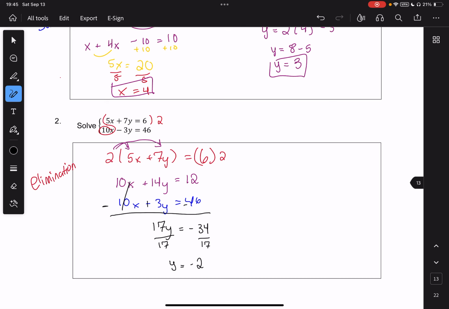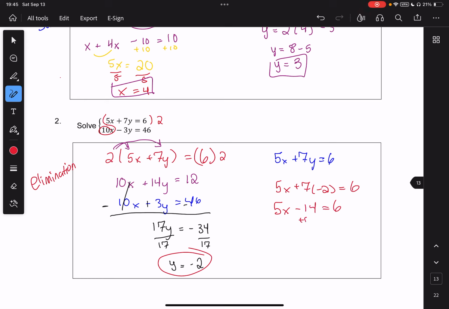So that's our y value. Now that we did that, we're going to take one of our equations. Let's take our 5x plus 7y equals 6, and we're going to plug in our value that we got, negative 2, for our y value. So 5x plus 7 times negative 2 equals 6. 5x minus 14, because 7 times negative 2 is minus 14, equal to 6.